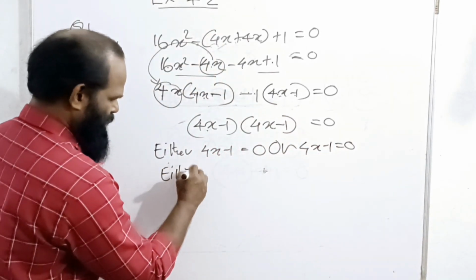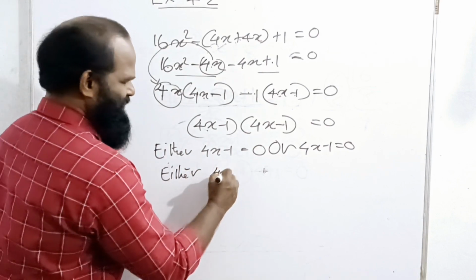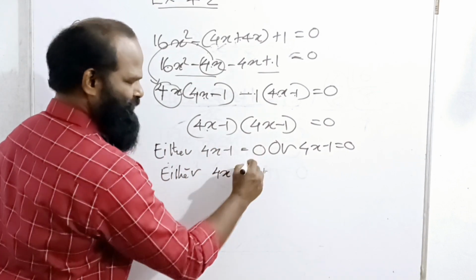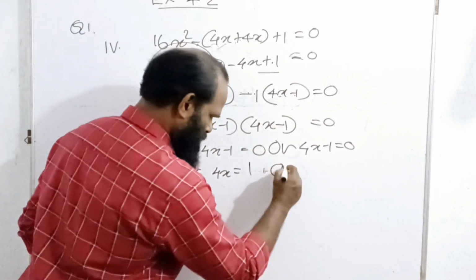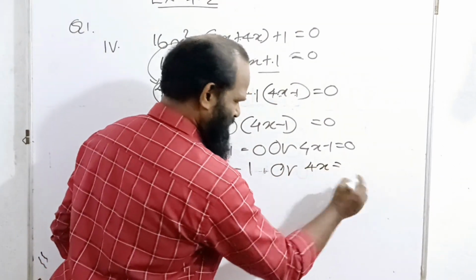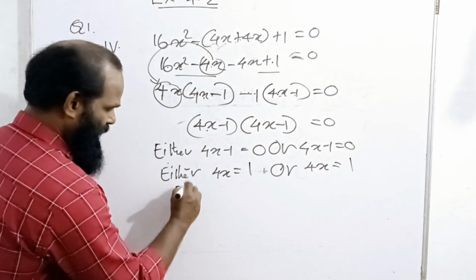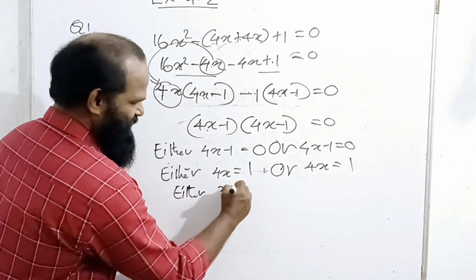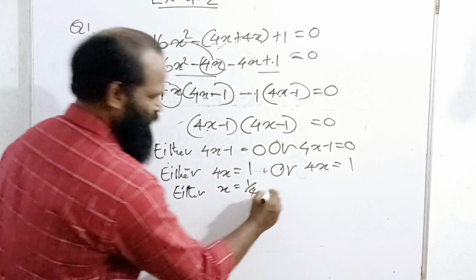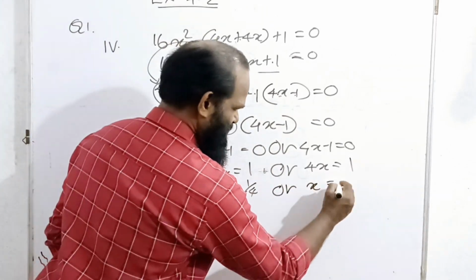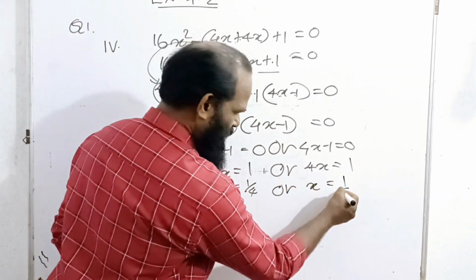Either 4x is equal to negative 1 becomes positive 1, or 4x is equal to negative 1 goes over there, that becomes positive. Now again either x is equal to 1 by 4 or x is equal to 1 by 4.